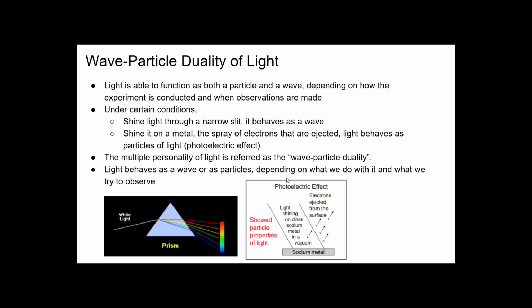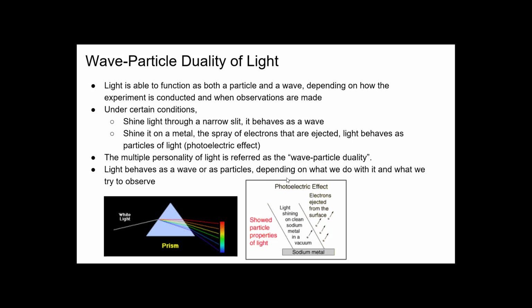So now we're at a certain part where I discussed light as a wave. The problem with this is that when experiments were being done, some of the results could not be explained by understanding light as waves. What came out of that is the wave-particle duality of light, which means that one is not better than the other, but we change some of what we know to be able to explain the results that we see.